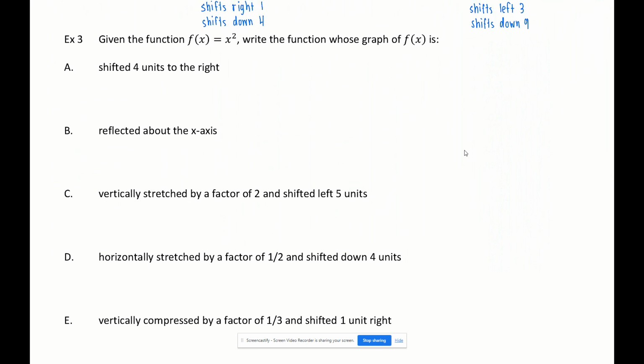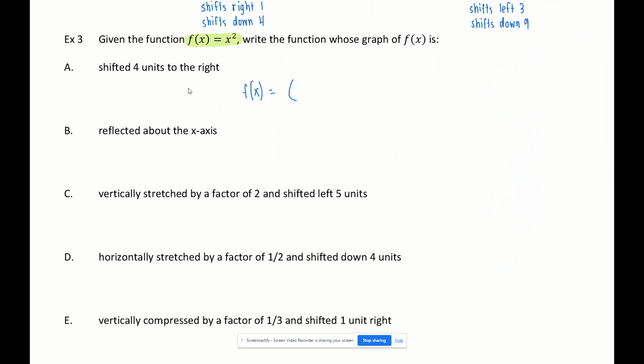What we're going to do is make changes to the equation f of x equals x squared. So A says we're shifting 4 units to the right. So let's think, guys. 4 units to the right means that it's happening where? Horizontal shift. Horizontal shift happens inside.